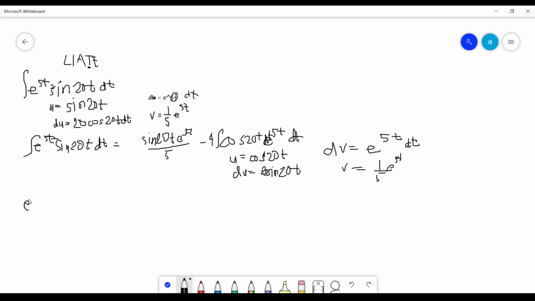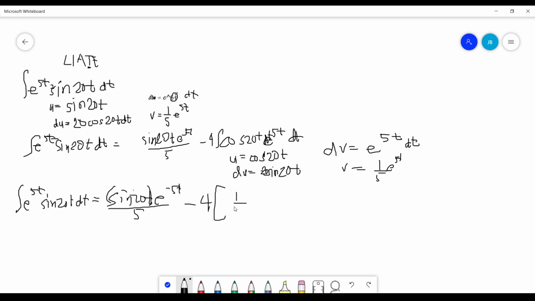Alright, so let's put it together once again. The integral of e^5t, so sine 20t e^5t all over 5, separate, minus 4 times the integral of cosine, which is uv minus the integral of v du.